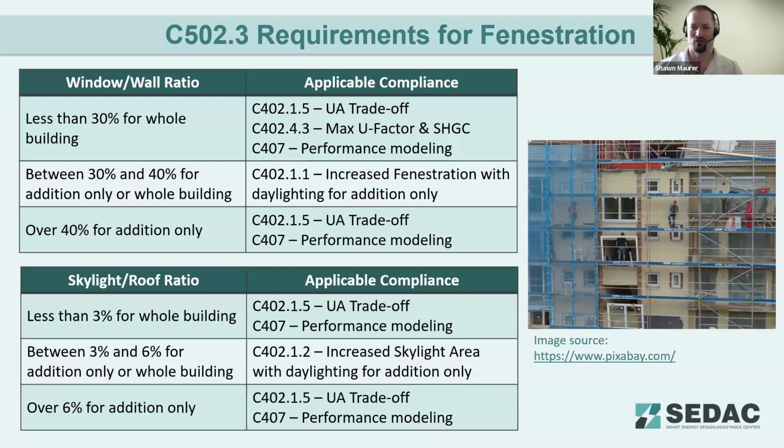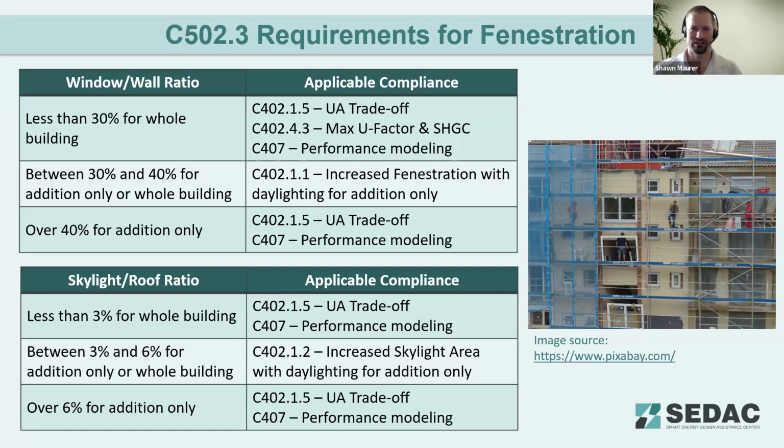Again, it's very similar for skylights, as you can see in the table here, but if the addition to the building results in a total building window to wall ratio that is less than 30%, you can comply with any of the compliance methods for the fenestration. You can use the UA trade-off, the max U factor and solar heat gain coefficient section, or do a performance model of the building.